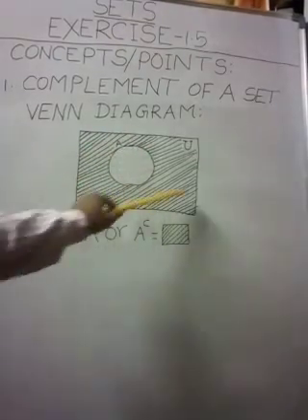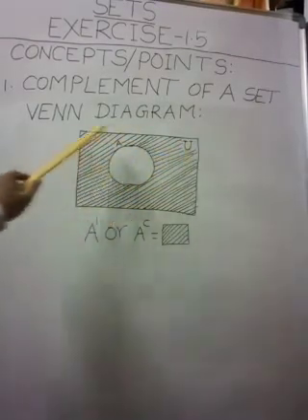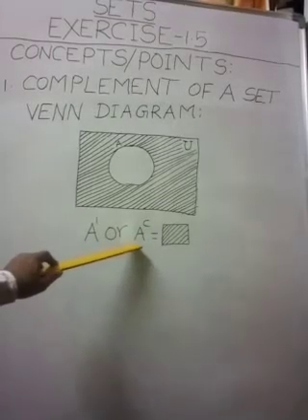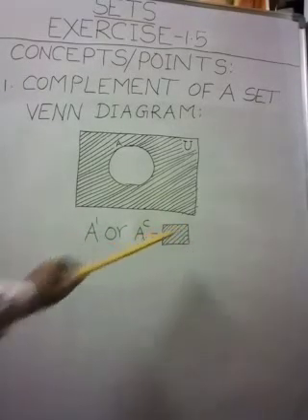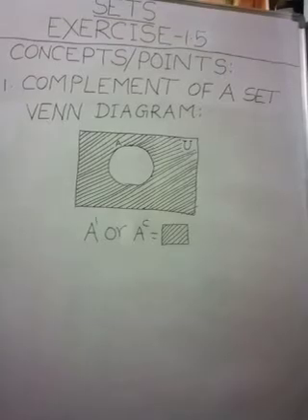So this shaded portion denotes A complement or A dash. So A dash or A complement is equal to this slant lines shaded region. Understood, my dear children?